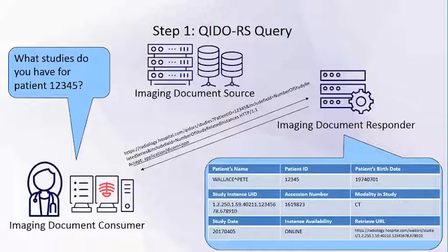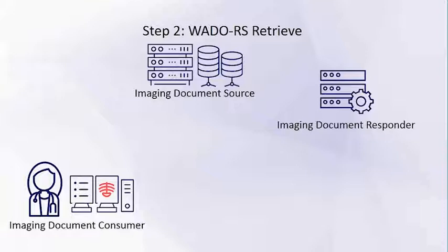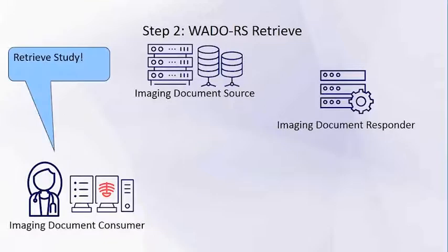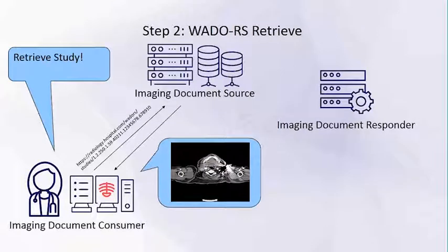Part of it is the retrieve URL, which is a WADO-RS URL. Then the second step is you use that URL to retrieve the study from the imaging document source. You fire off the WADO-RS request, and it will return the images to you.